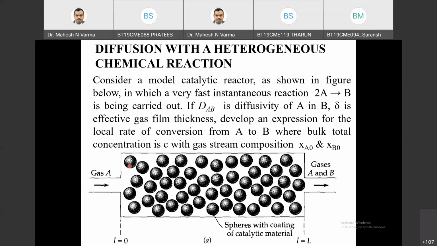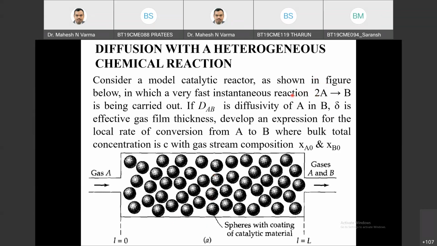So here you can expect, say, the mole fraction of A is 1. Then you can expect the mole fraction of A to be 0.95 and the mole fraction of B to be 0.05. If you move down the line, XA will be 0.9 and XB will be 0.1. If you move down the line, XA will be 0.8 and XB will be 0.2.